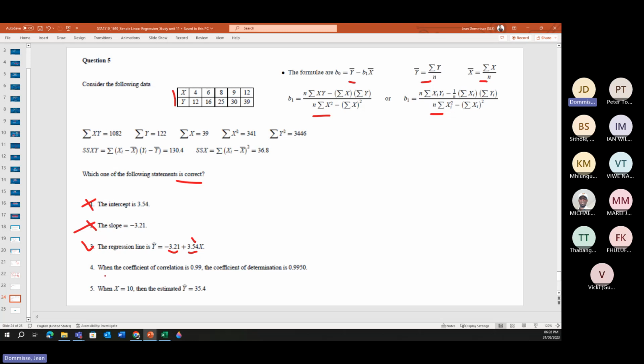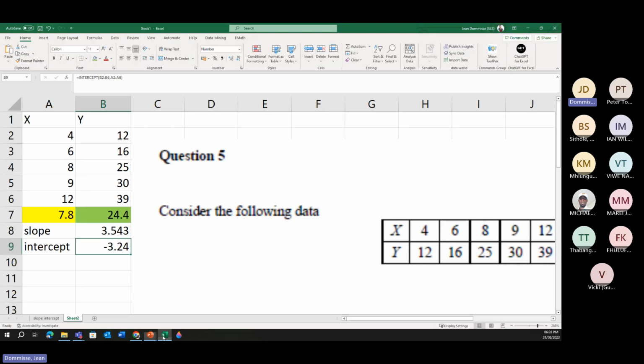Let's just look at when the coefficient of correlation is 0.99, the coefficient of determination is 0.9950. Okay, so let's work out that.